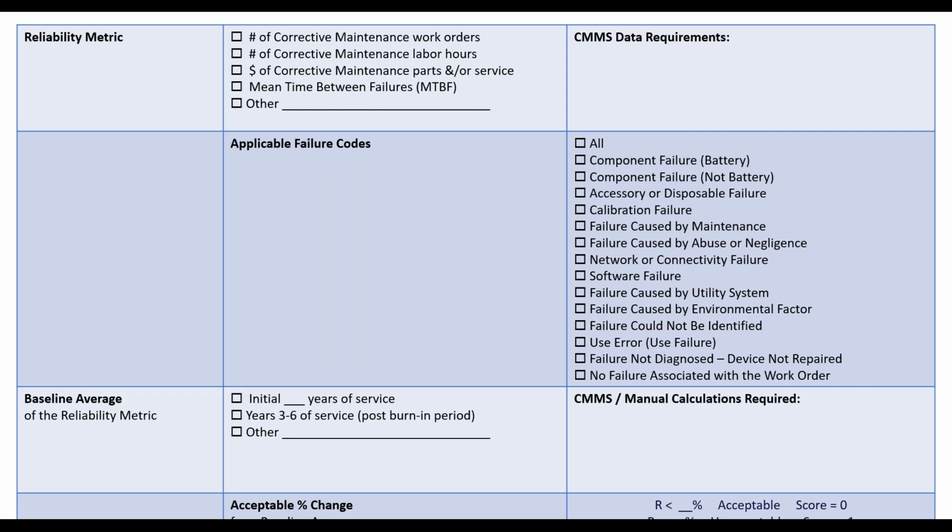So it's not really the machine's fault. From software failure up is kind of the machine's fault. From the utility systems down is more the building environment. It's not the machine's fault because I didn't have enough power.